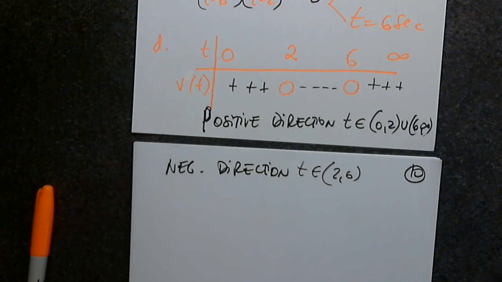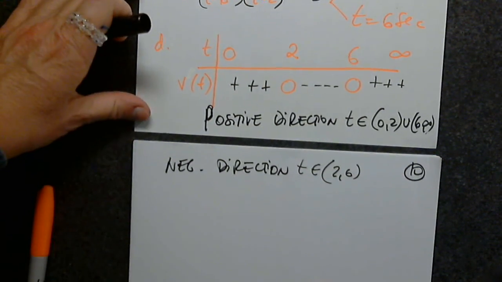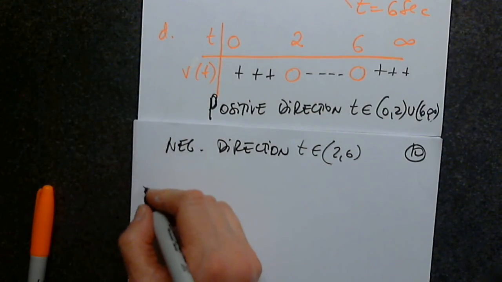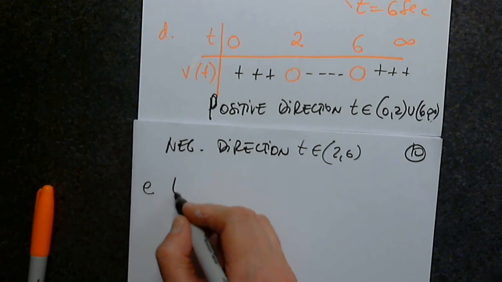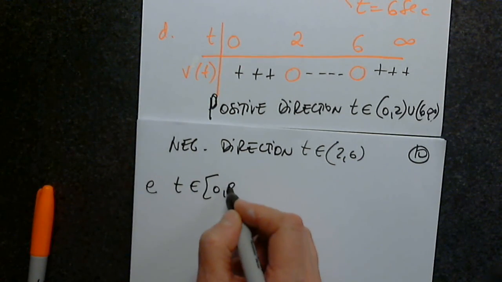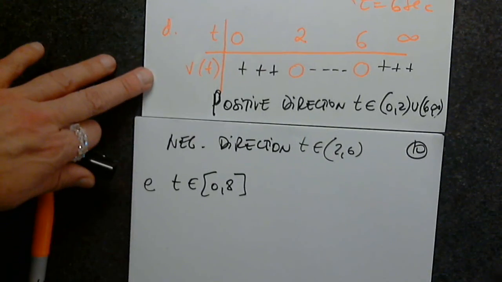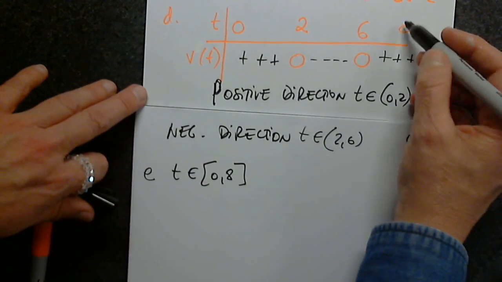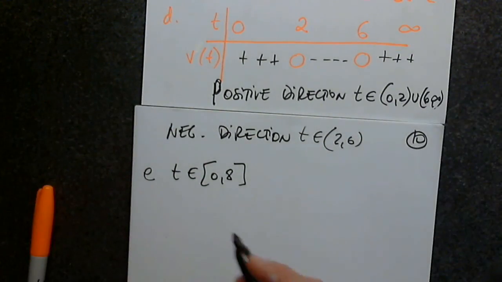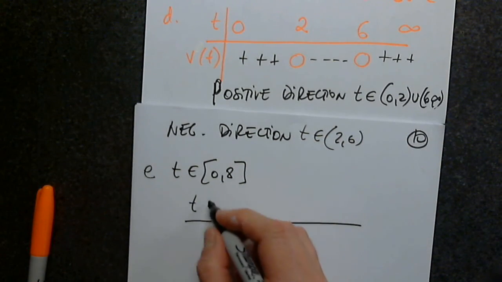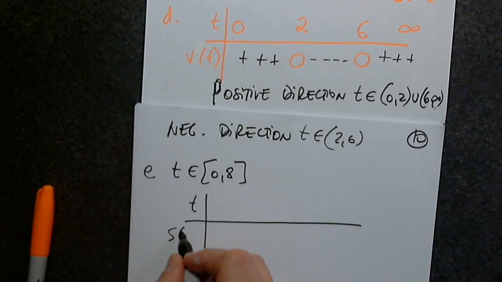Okay, next. Find the total distance traveled during the first 8 seconds. Any questions on part D? So t in between 0 and 8. In other words, 8 should be somewhere here. F of t.